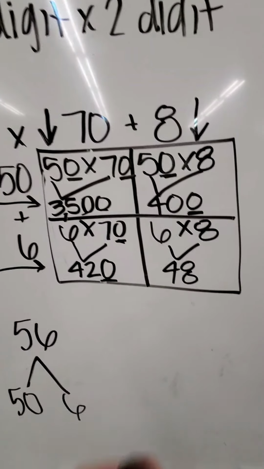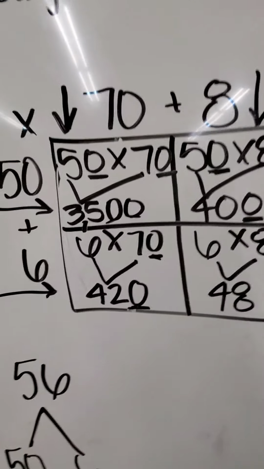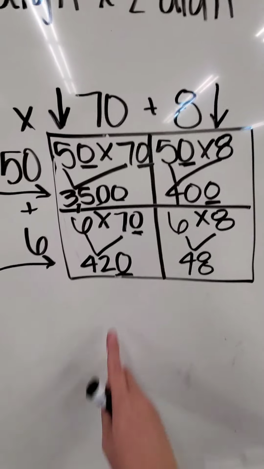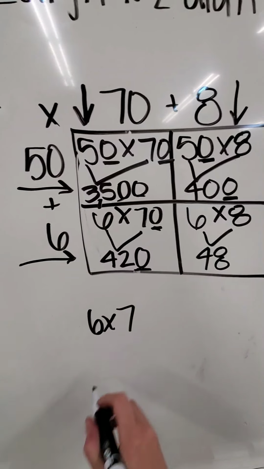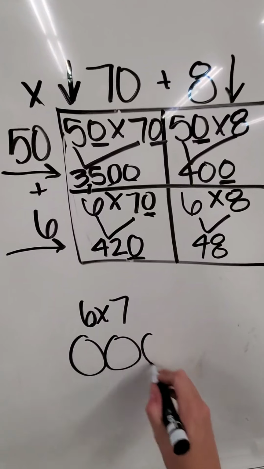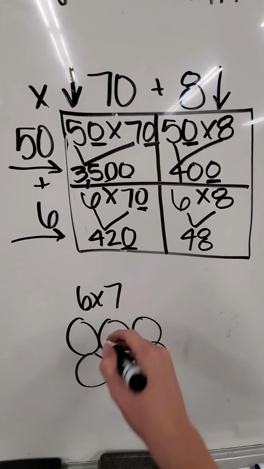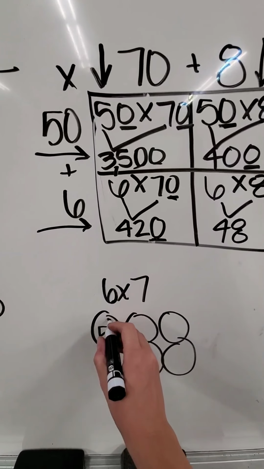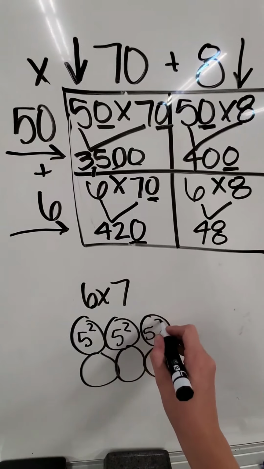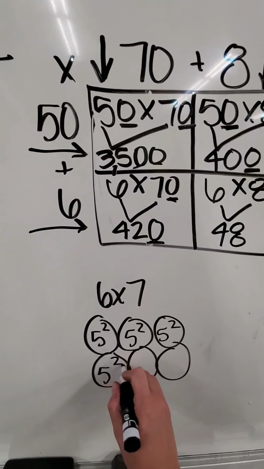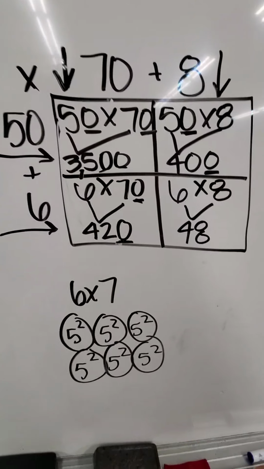To double check my math, I want to check if 6 times 7 is actually 42. So to check 6 times 7, I'm going to make 6 groups, and I'm going to put 7 inside each.